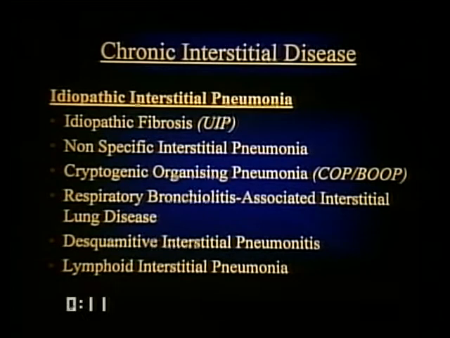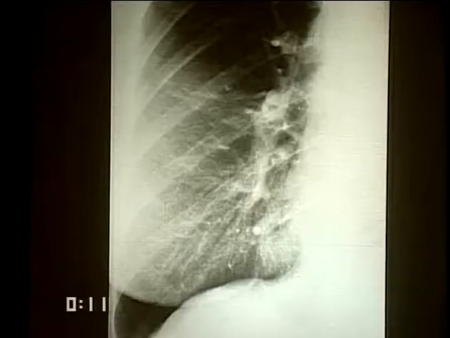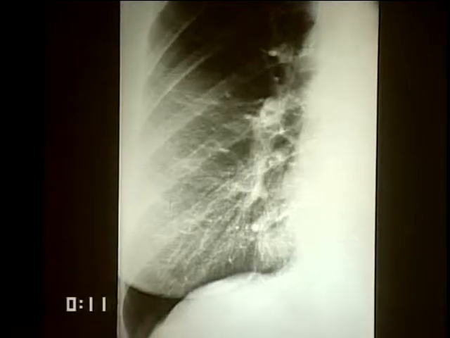On the plain chest films, these may be exceedingly difficult to differentiate, and even on the high resolution scan may be difficult to differentiate. It's very important to realize that the diagnosis of interstitial disease may be essentially futile unless one practices meticulous radiologic technique.